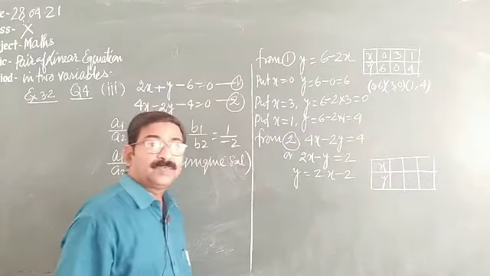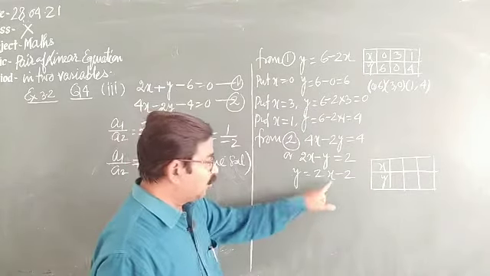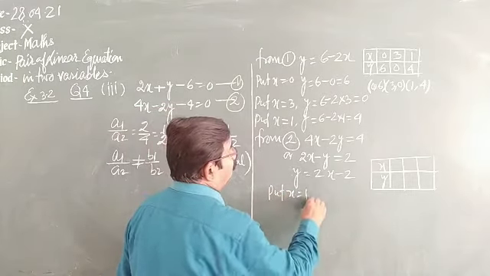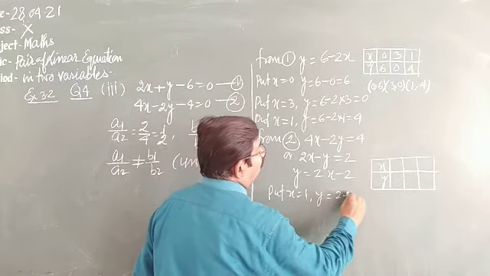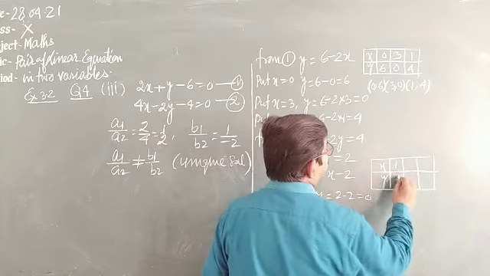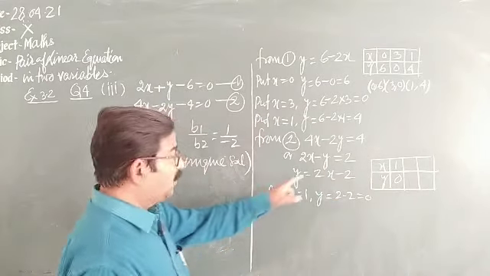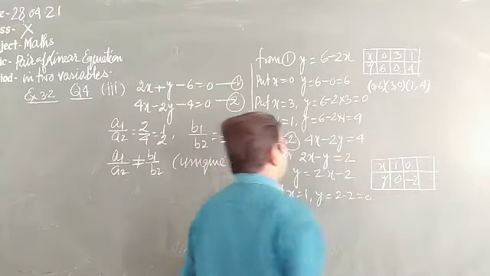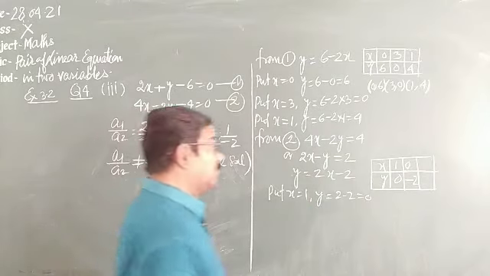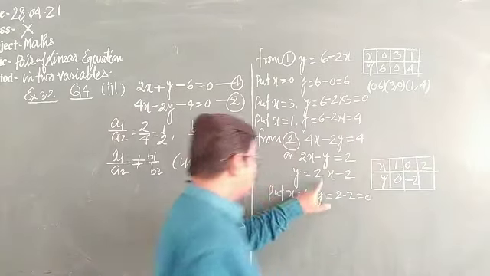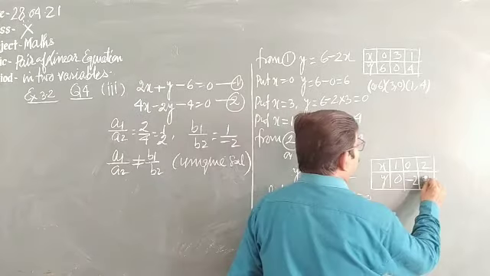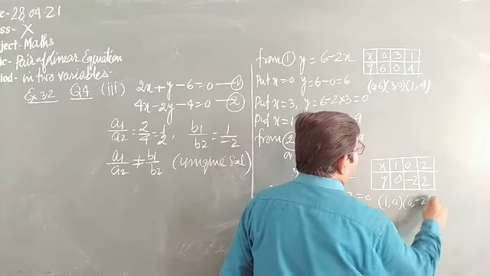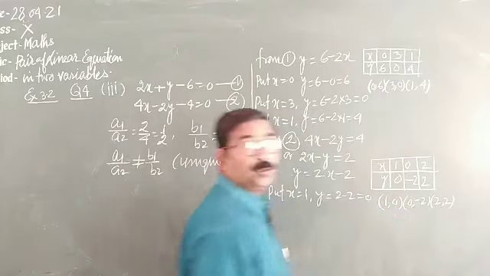If you put x is equal to 1, then y is equal to 2 minus 2, which is 0. If you put x is equal to 0, then y is equal to minus 2. If you put x is equal to 2, then 2 2s are 4, minus 2 is 2. So we have got points (1, 0), (0, minus 2) and (2, 2).